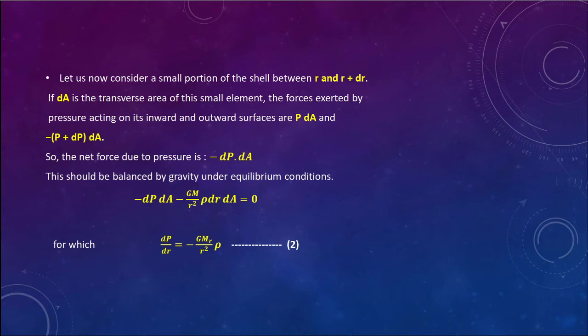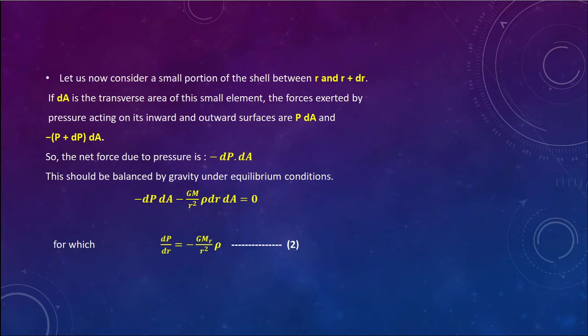Here P and P plus dP are the pressures at radii r and r plus dr. So the net force arising out of the pressure is minus dP times dA, because pressure is force per area. This force should be balanced by gravity when we consider the star in an equilibrium condition.